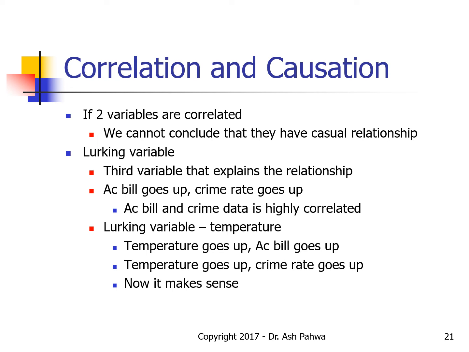Now we have to compute the partial correlation between the air conditioning bill and the crime rate by removing the effect of temperature. That is called partial correlation, and that's what we are going to define next.